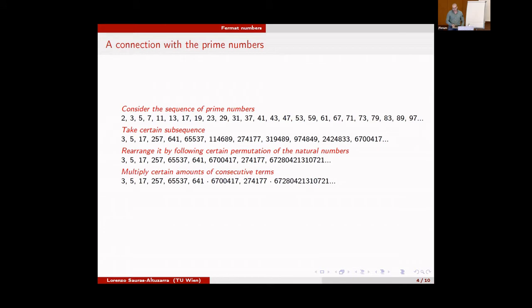And finally, multiply certain amounts of consecutive terms. Still, we cannot give information about how you must form the amounts of consecutive terms. And this is precisely the sequence of Fermat numbers.